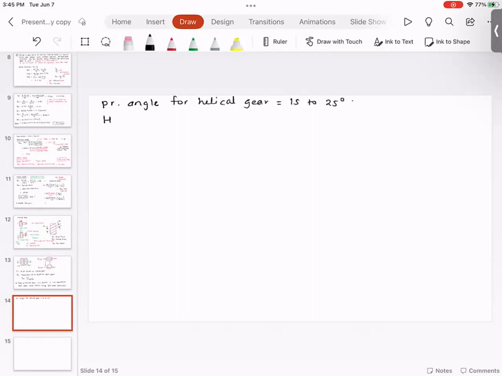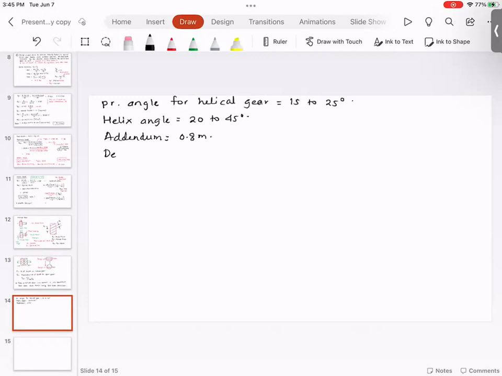Helix angle (20 to 45 degrees). Addendum 0.8 times module.